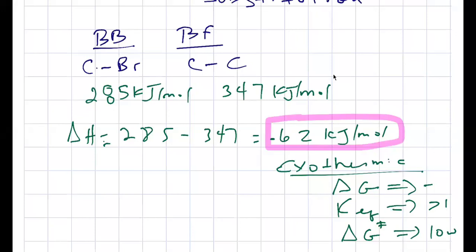If the activation energy is low, that means it's a really fast, rapid reaction. What would the curve look like if it's exothermic? Wouldn't the reactants be lower in the exothermic graph?